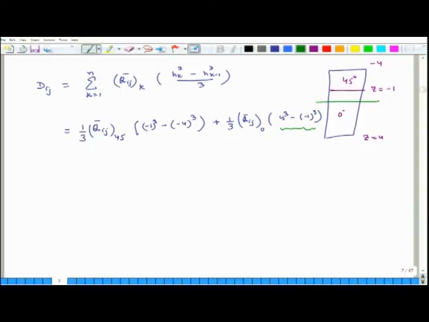This is 64 plus 1, so 65. Oh, I am sorry, the first should be minus 1 plus 64, which is 63. So, this is 63 and this is 65. So, you get 1 over 3 times (63 times Qij bar for the 45-degree laminate plus 65 times Qij bar for the 0-degree laminate).